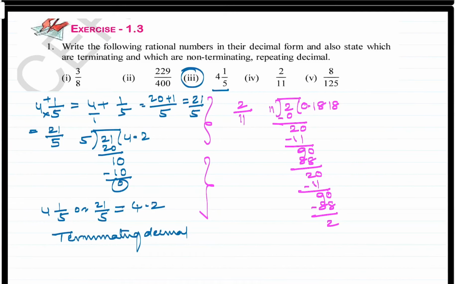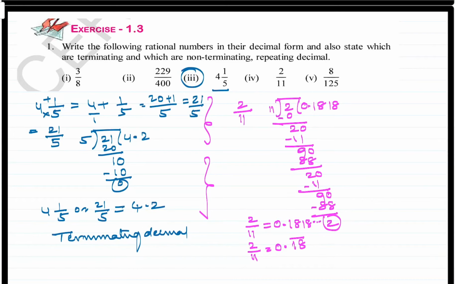Here we can observe that 1818 is repeating. So 2 by 11 is equal to 0.1818 and so on. Therefore 2 by 11 can be written as 0.18 recurring.